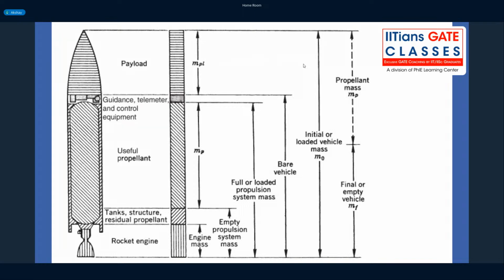To carry the payload we will build this structure called the rocket. It has a total mass. Initially, when you place a rocket on a launch pad, that mass we will refer to as the initial mass, or initial mass at the launch. Let us denote it as m naught, the initial mass at the start, and mp is the mass of the propellant we are carrying.